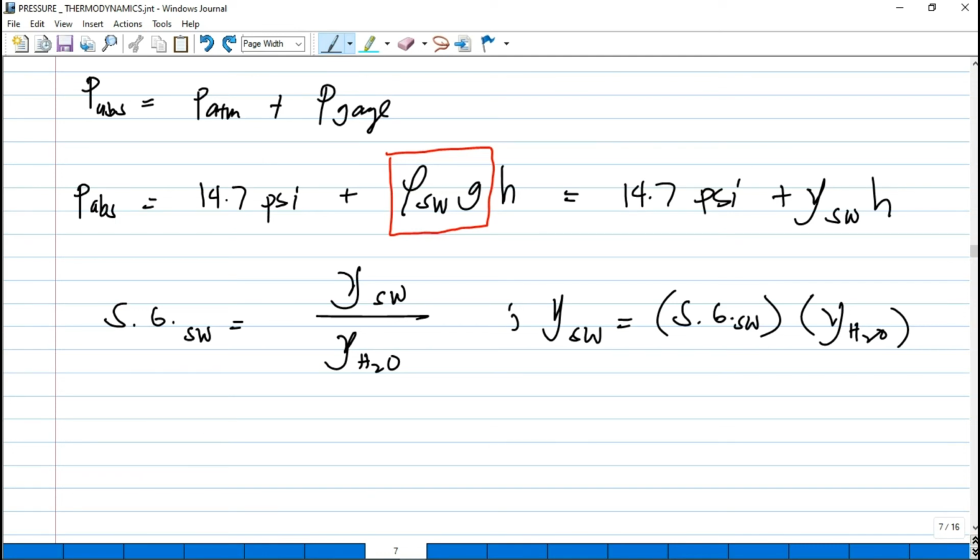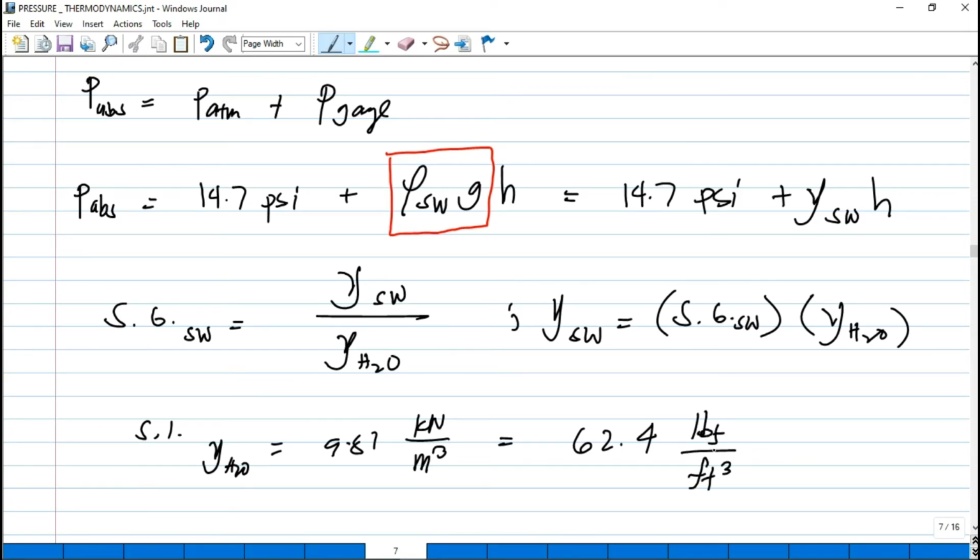In SI, yung specific weight ng water is 9.81 kilonewtons per cubic meter. In English unit, it is 62.4 pound force per cubic feet. Dito guys, English tayo, so we will use 62.4 pound force per cubic feet.